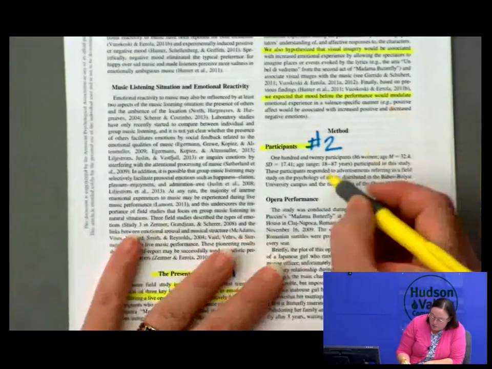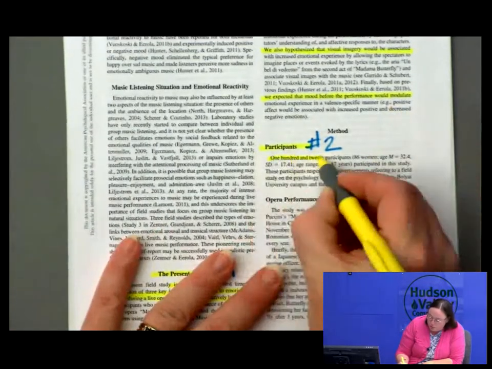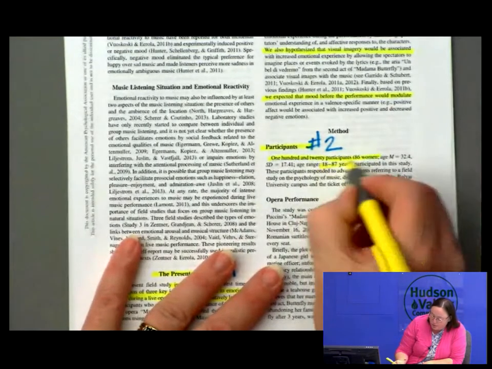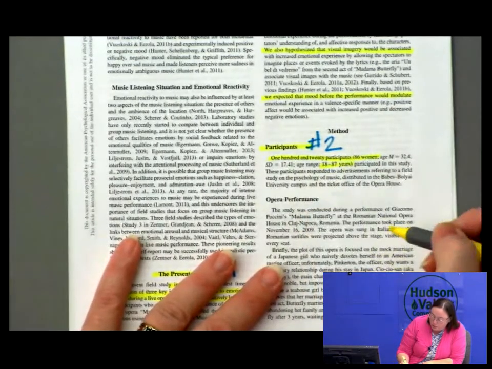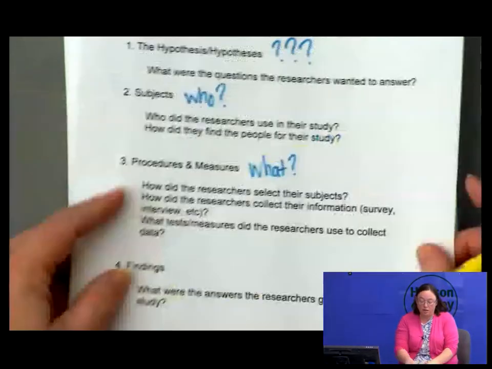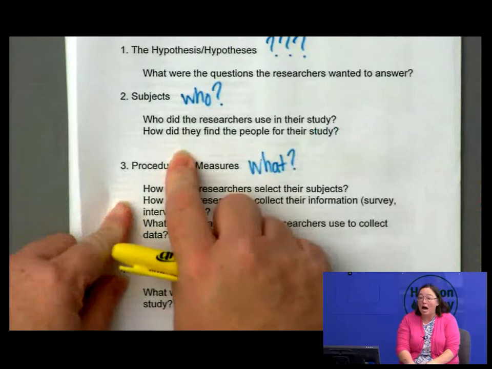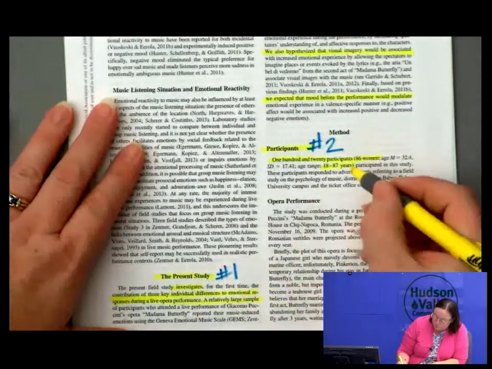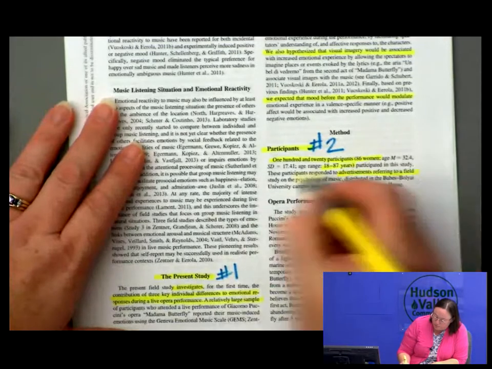So all of these details here: 120 participants, 86 women. Age range. This is how they were found. Remember question number 2? Let me pull this back for a second. Who did they have and how did they find them? Advertisements. Right there.